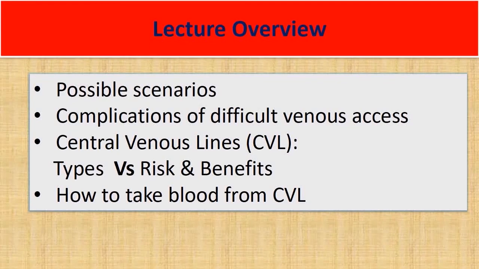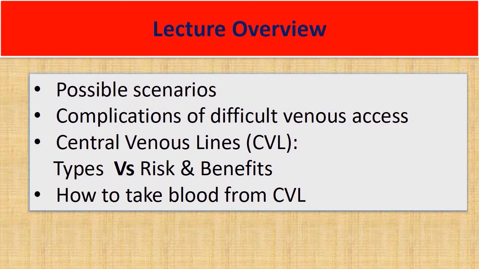I will start off the lecture by giving you a few possible clinical scenarios, mainly to emphasize to you that patients with difficult venous access can be present in any place or in any wards. So they are not only limited to patients from medical ward, they can be patients from ICU, patients who self-present to emergency department, and so on and so forth. After that, I will take you through the potential complications of difficult venous access.